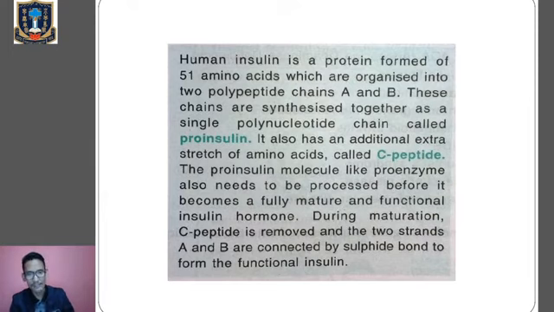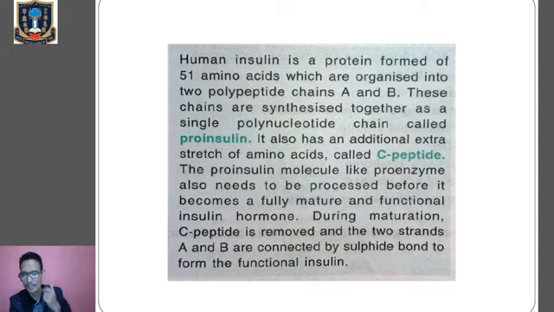Not only do we have the polypeptide chains A and B, but we have an extra chain also, which is called the C peptide. That's why it's also called proinsulin. So we have chain A, chain B, and an extra chain which is called the C peptide.